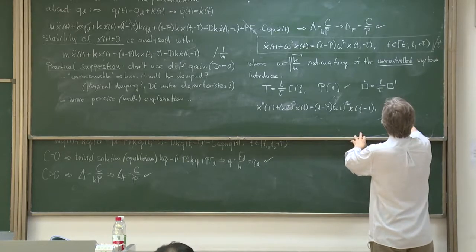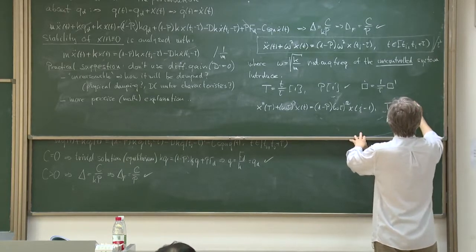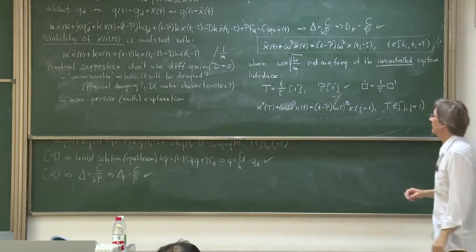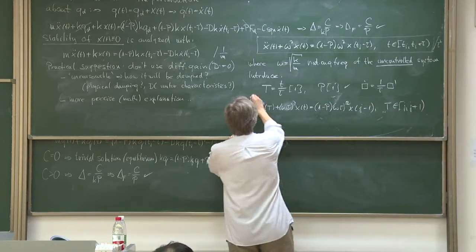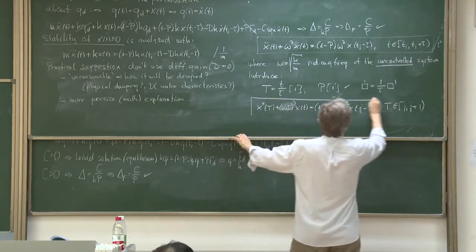And then the dimensionless time varies between j and j plus 1, okay? So actually this will be the even better form, the dimensionless form.